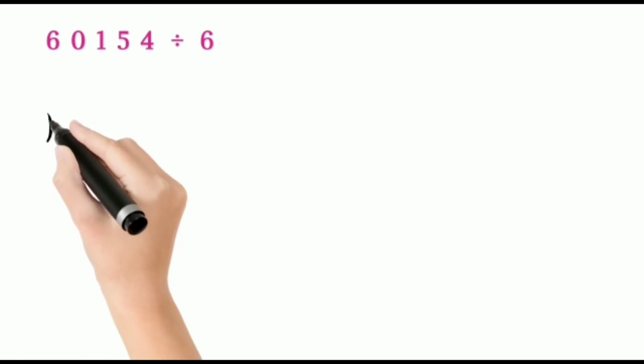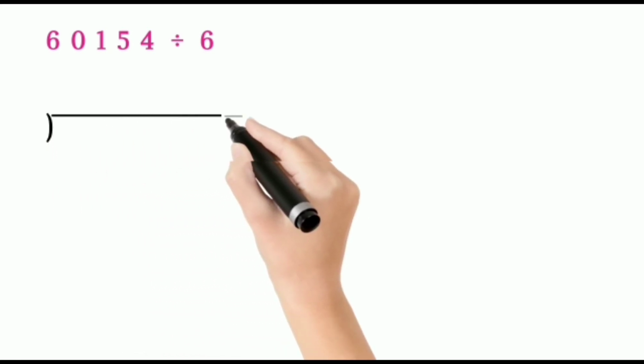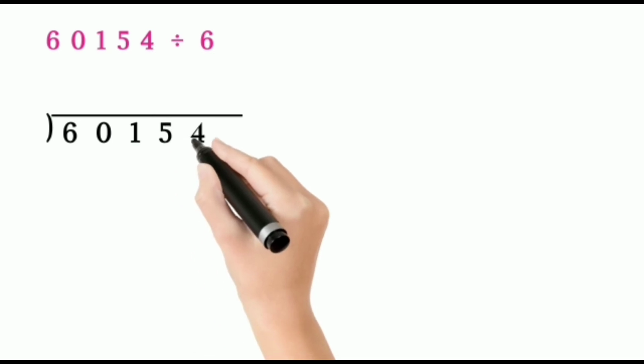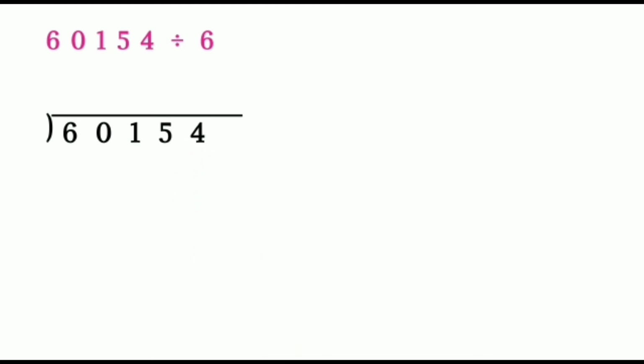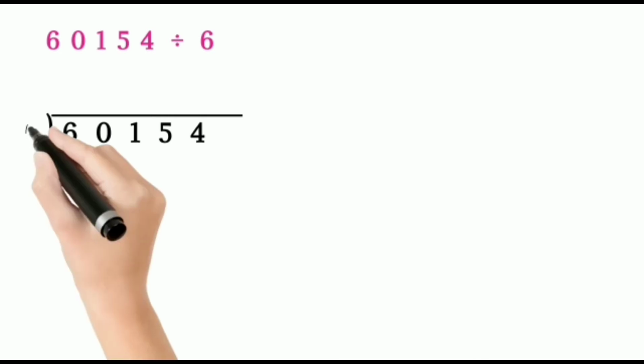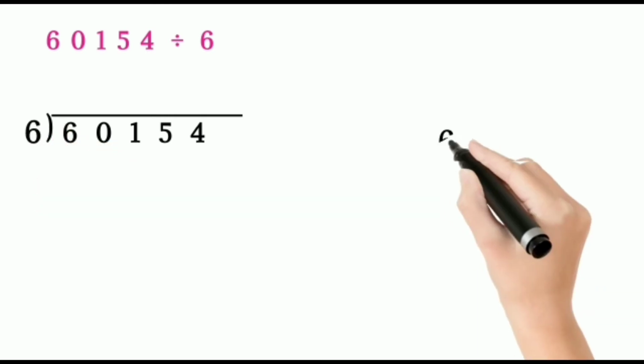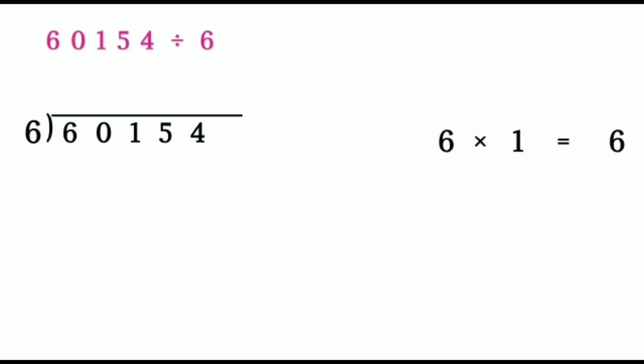Next, divide 60,154 by 6. Here the dividend is 60,154 and the divisor is 6. The first digit of the dividend is 6. How many 6s can we take from 6?